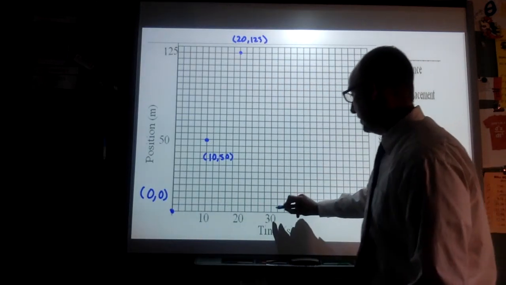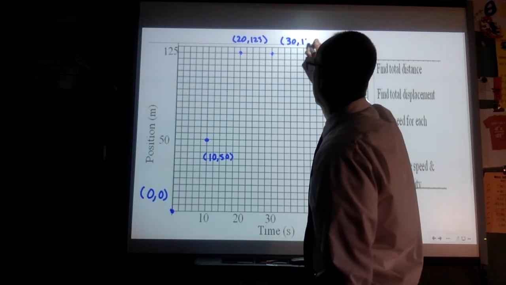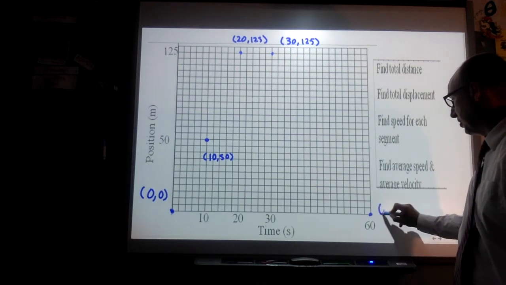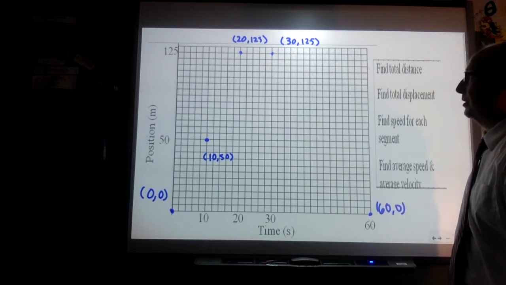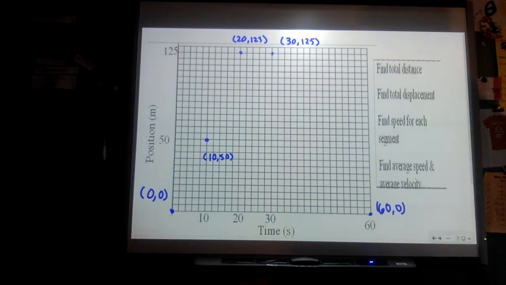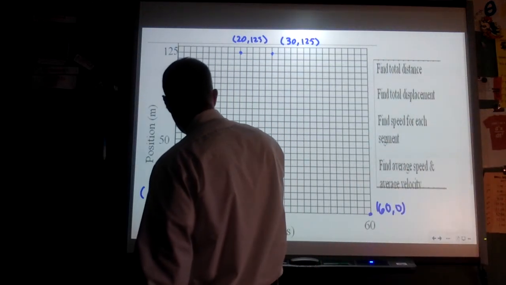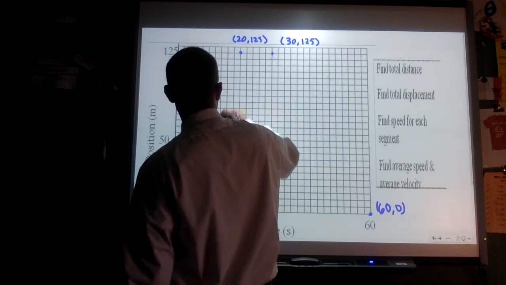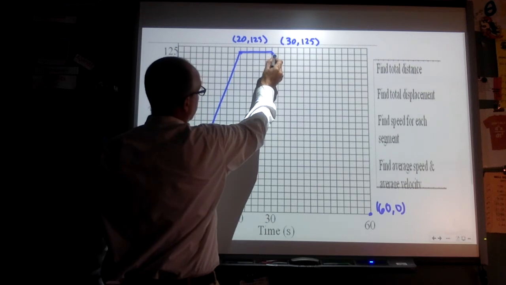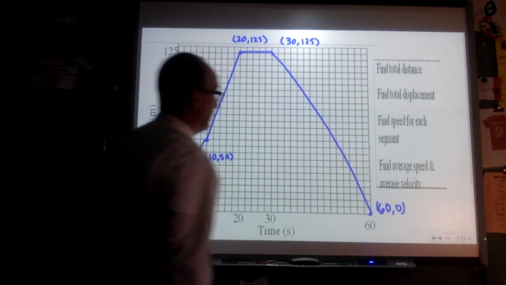Then he stays still for 10 seconds, so I'm going to have 30, 125. Then it's going to go back down to the initial position, which is going to be 60, 0. So this is what my graph is going to look like. I can connect these, and each one of these increments is going to represent one of the segments. That should be a straight line.